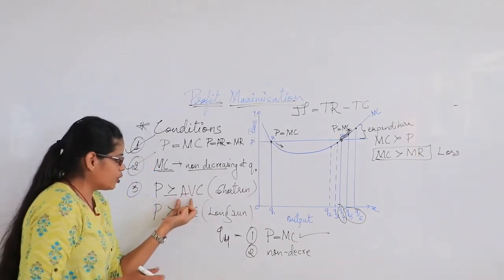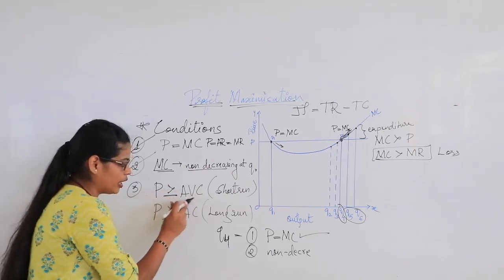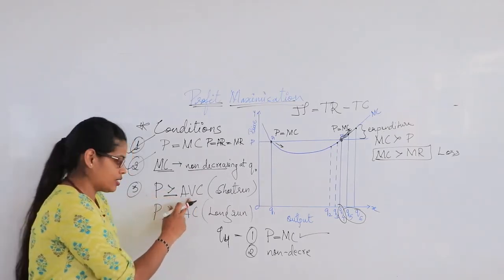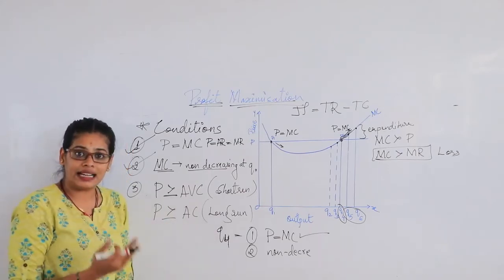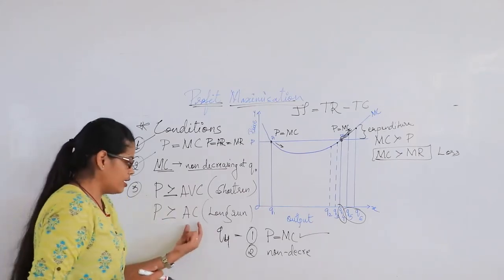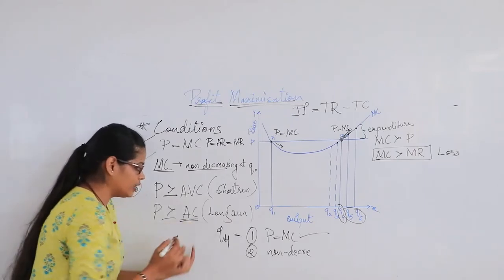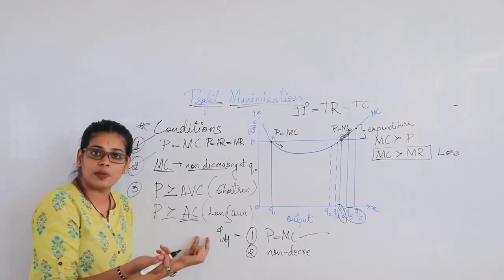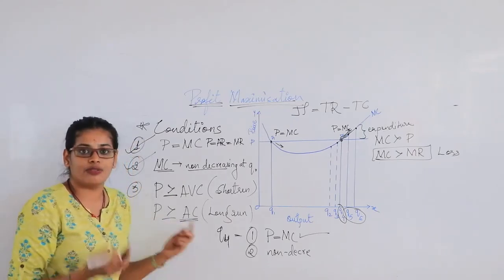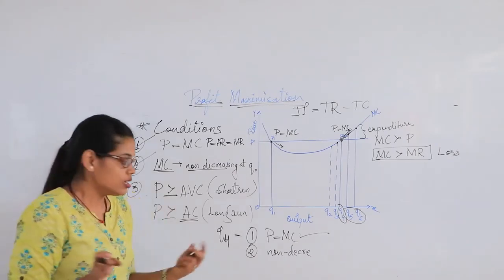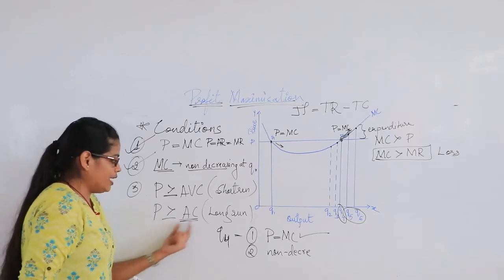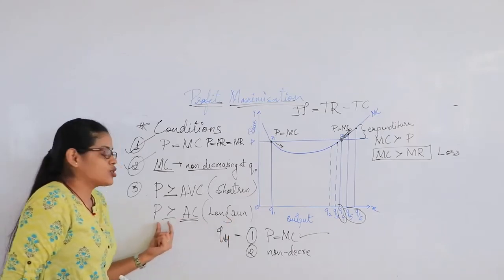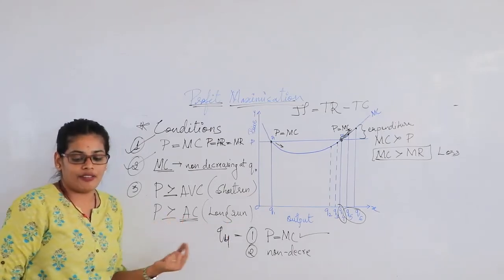So the price should be greater than or equal to the average variable cost, and if it is the long run, then the price should be greater than or equal to the average cost. Why we are not talking about the average variable cost here is because in the long run we don't have the variable cost and the fixed cost distinction. That's the reason we just have average cost. So in the long run, the price should be greater than or equal to the average cost.